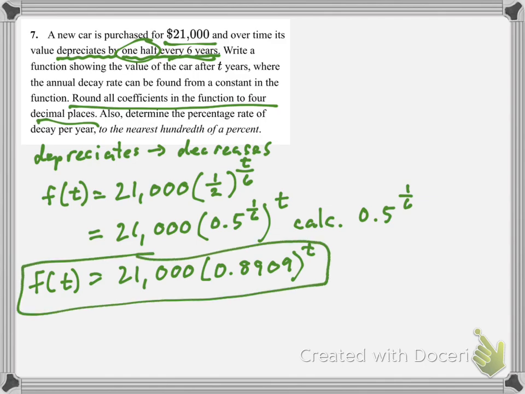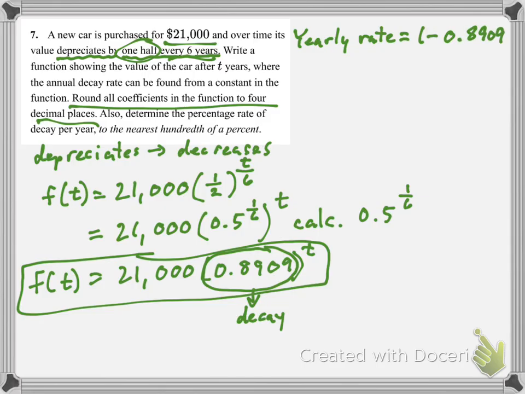Now, our yearly rate. This number right here means decay. The first 2 problems we did were growth. So my yearly rate is 1 minus 0.8909, which is 0.1091.